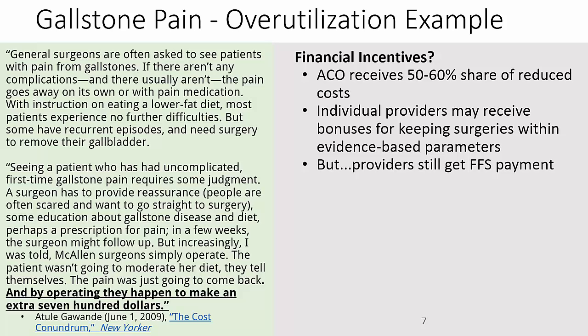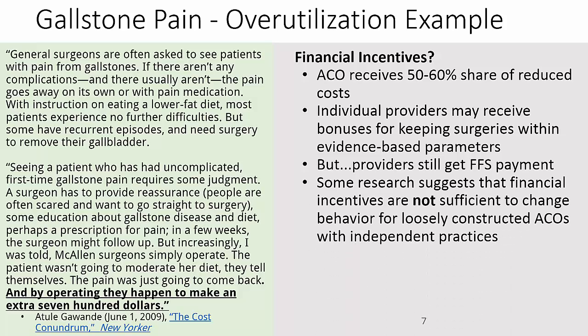And as we'll discuss further on the next research, some initial research suggests that with the current structure of ACOs, the financial incentives probably will not be sufficient in ACOs that consist of providers in independent practices that form a virtual network or joint venture just for the purposes of the accountable care organization.